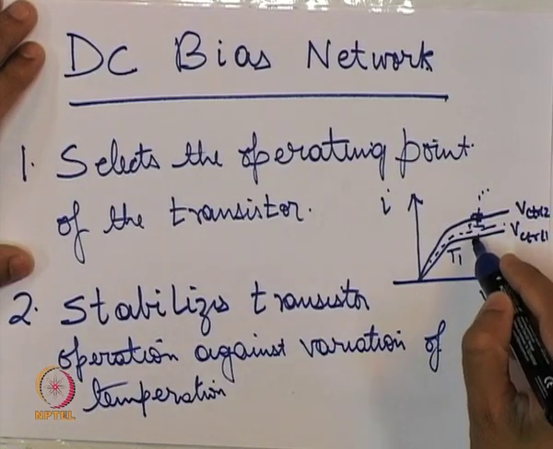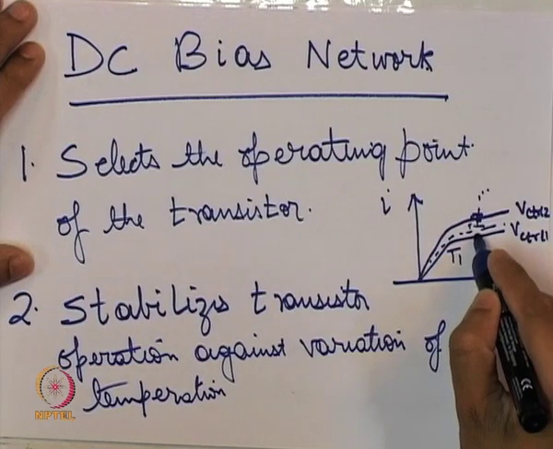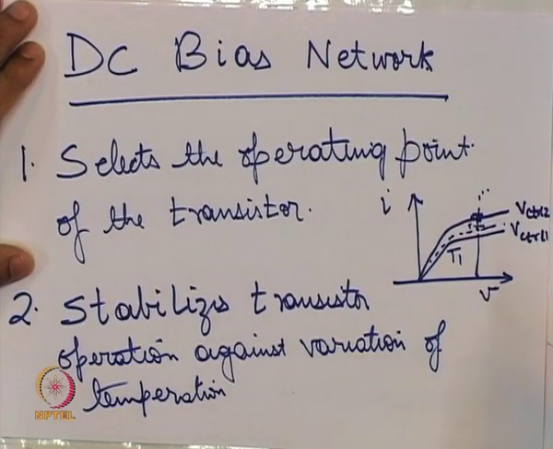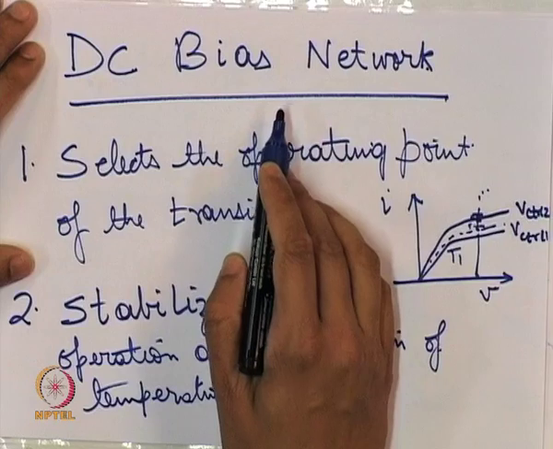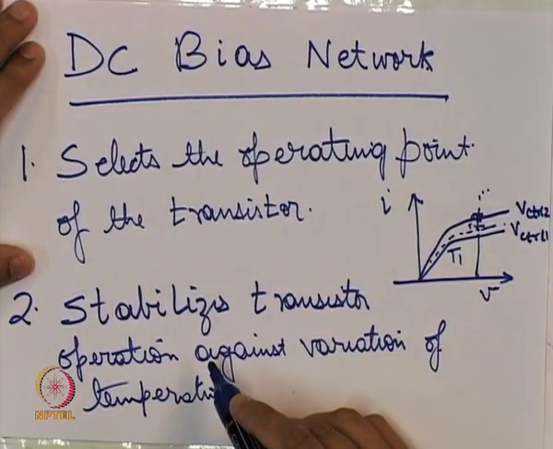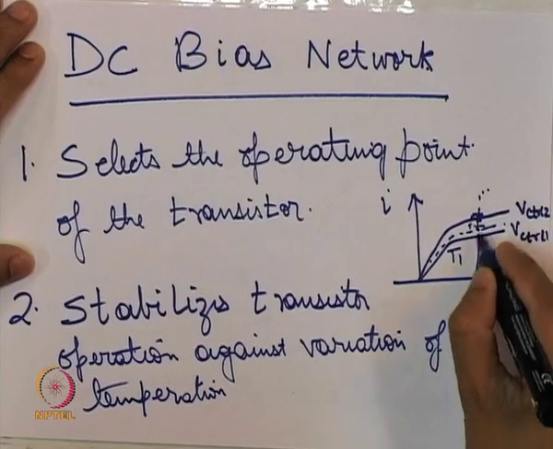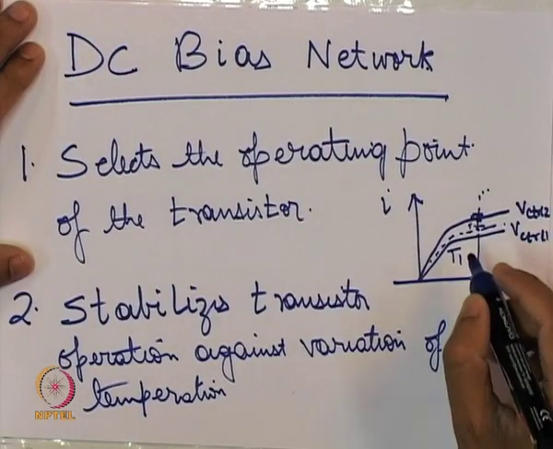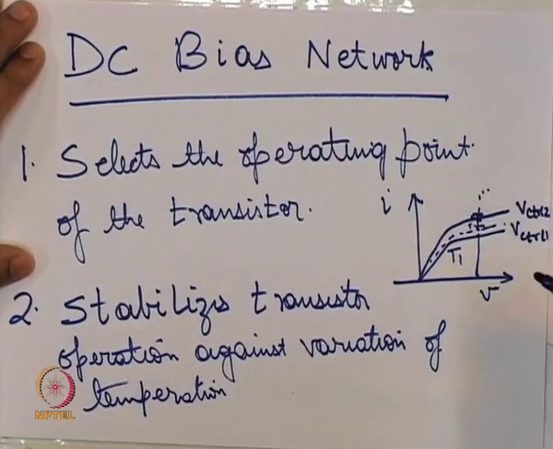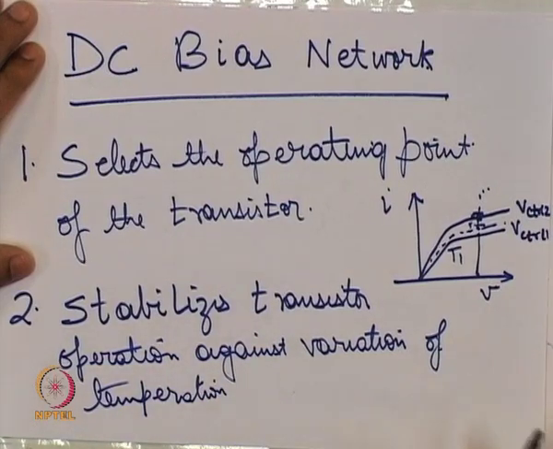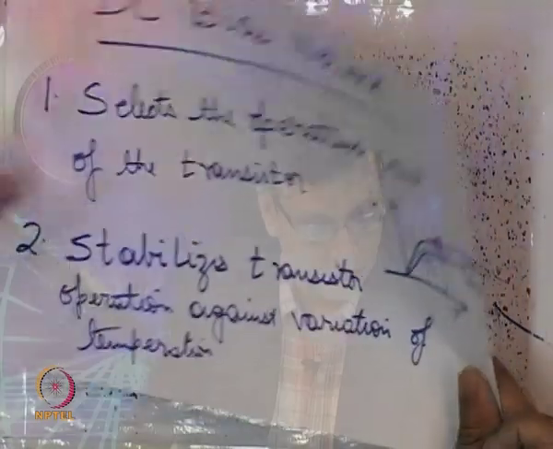In that case, if you want to get the same kind of response, then your DC bias point also has to shift. Had you not had any DC bias network and only depended on the AC input, then the shift could not have been done. So, if the temperature changes, to compensate for the changed characteristics, you might want to change the DC bias point.